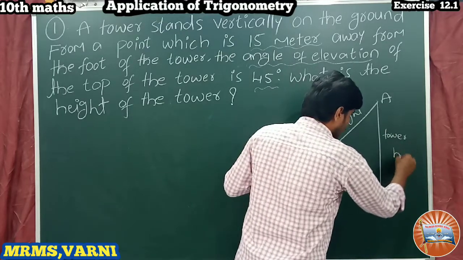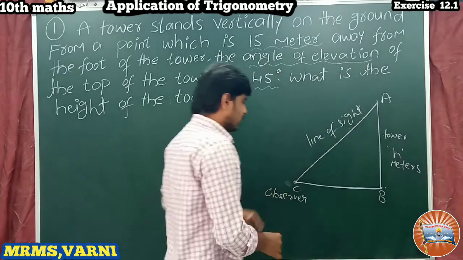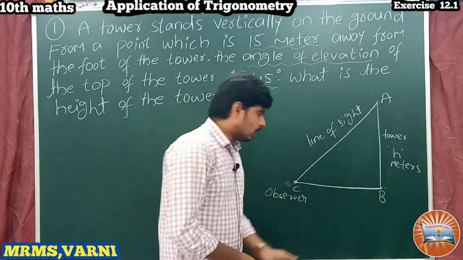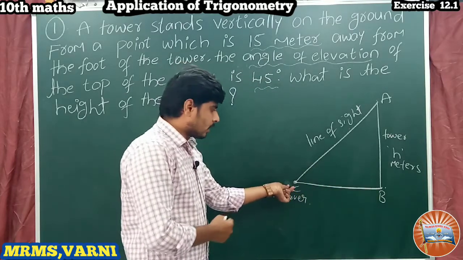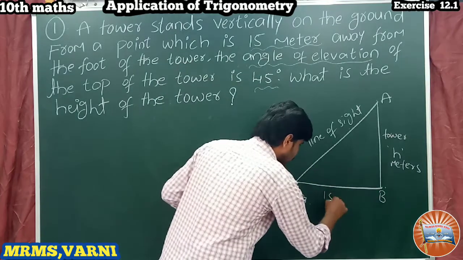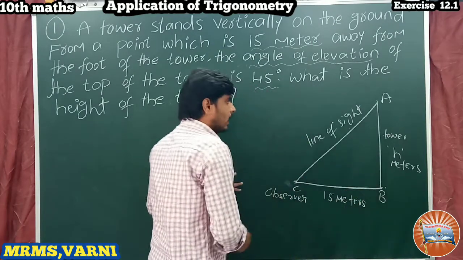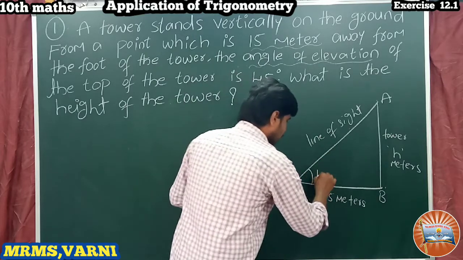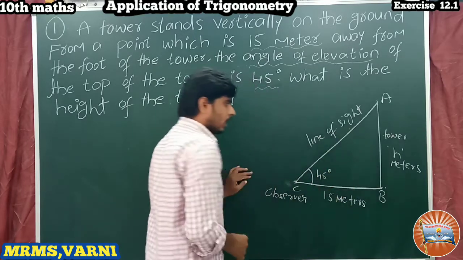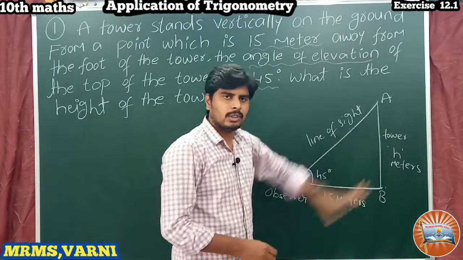Consider it as H meters. The distance between the foot of the tower and the observer is 15 meters, and the angle of elevation given is 45 degrees. We have to find the length AB, the height of the tower.